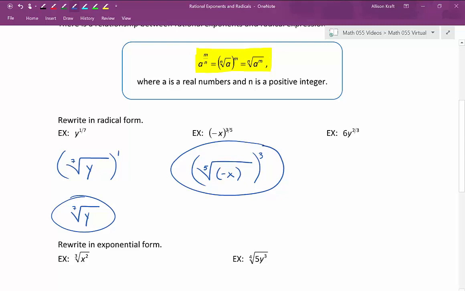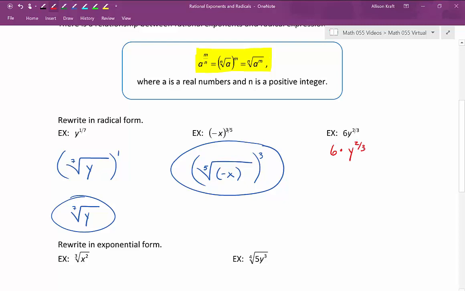Next, we have 6y to the 2/3. So take a look at that. What is that exponent of 2/3 being applied to? Is it the 6? Is it the 6 and the y? Is it just the y? Well, this is the same as 6 times y to the 2/3.